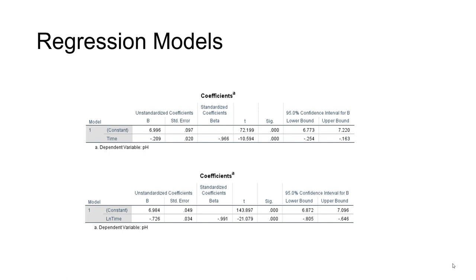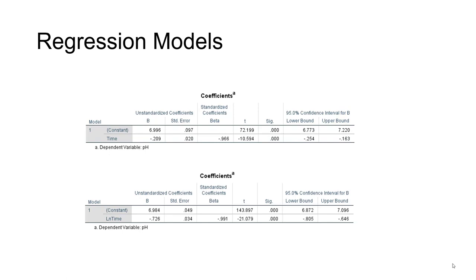Looking at the regression coefficients, the constant is about the same in both of them. The t-values are significant for both of the models and for both the gradient and the intercept. The confidence intervals are good, everything looks fine. With time you've got a gradient of minus 0.209, with log time you've got a gradient of minus 0.726.